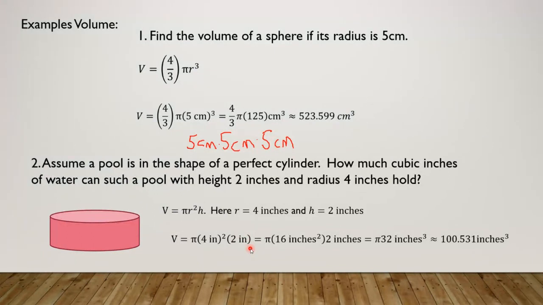If we carry out that calculation, we have pi times 16 square inches times 2 inches, because 4 squared is 16. We're squaring inches as well. That's where inches squared comes in. And now you just multiply the numbers together. You get pi times 32, which is about this.